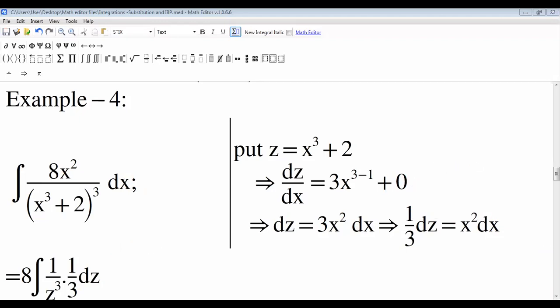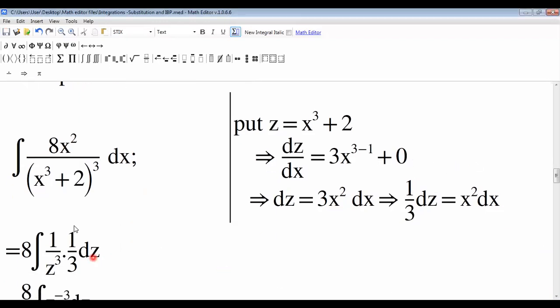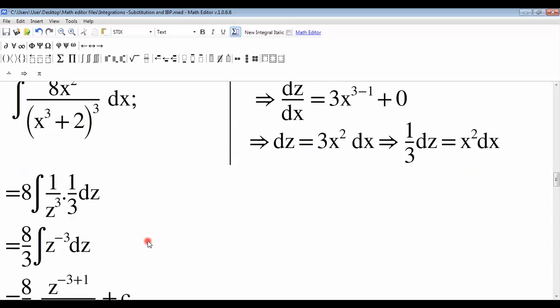So 1 by 3 dz, and x cube plus 2 equals z, so we get 1 by z cube, and 8 is the constant. This 8 and x square dx means 1 by 3 dz.